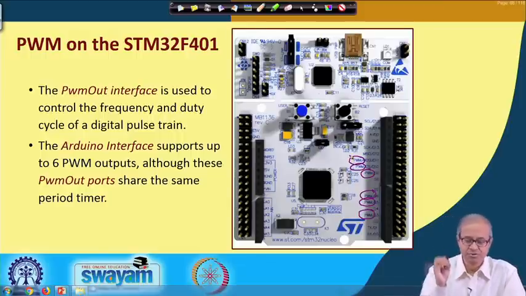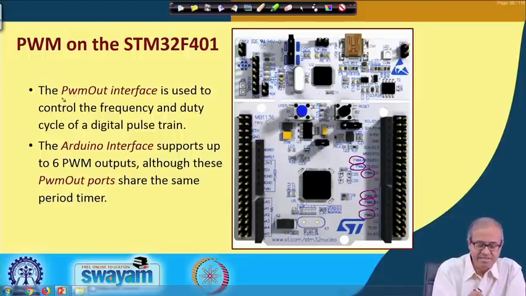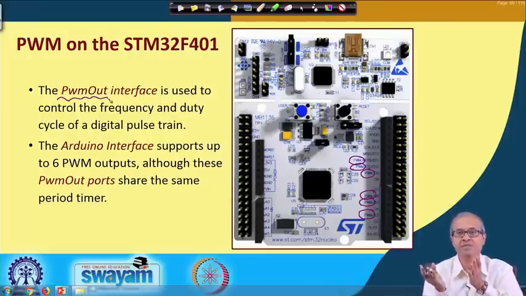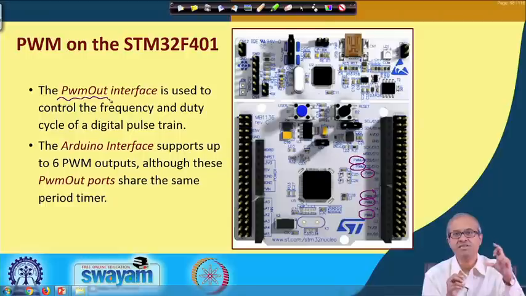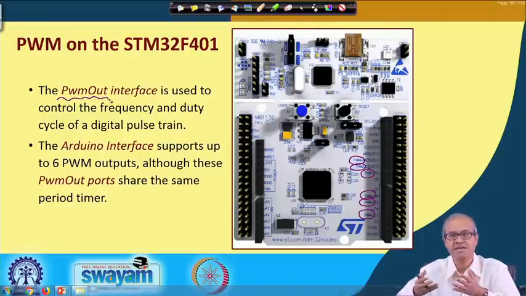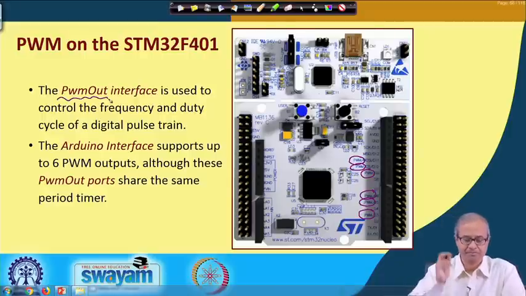Okay. So, there is a standard PWM out interface that we shall be using in some kind of software development platform called mbed, this we shall be seeing later. Under mbed, this PWM out is a standard library which is provided. It helps us in developing applications that use PWM.